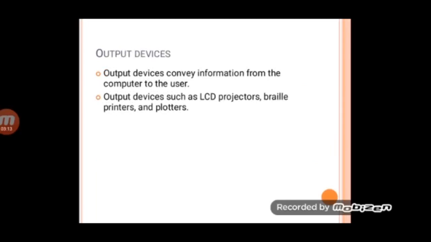Now the next topic is output devices. Output devices convey information from the computer to the user. Now let us discuss output devices such as the LCD projector, Braille printer and plotters.